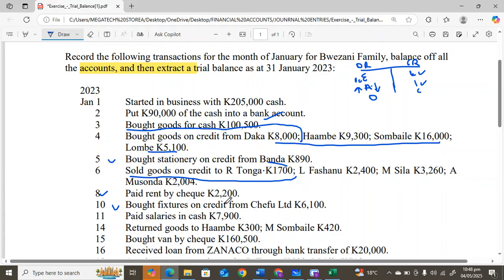Yes, you debit fixtures. The increase in a liability is with credit. So this is what we call capital expenditure.